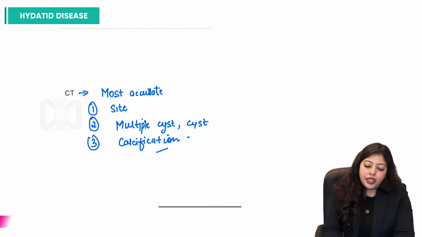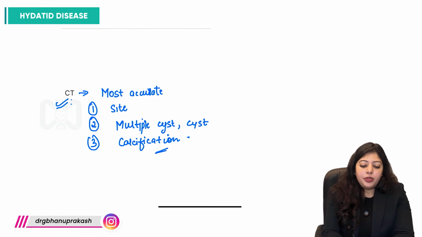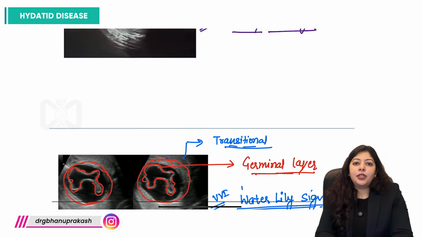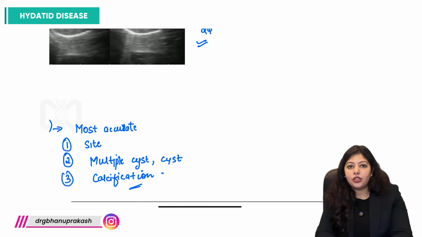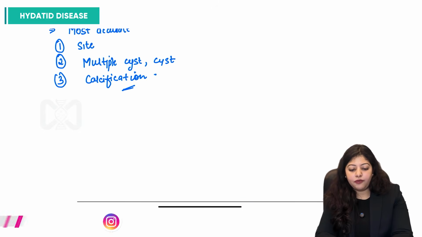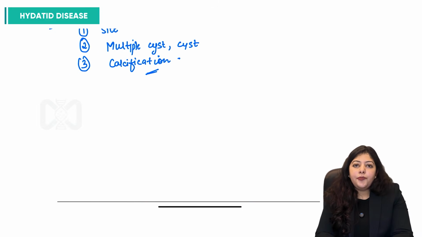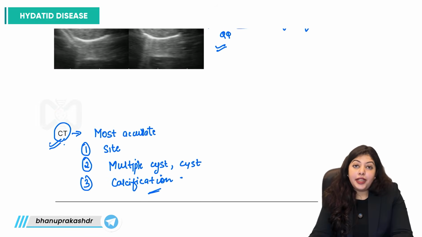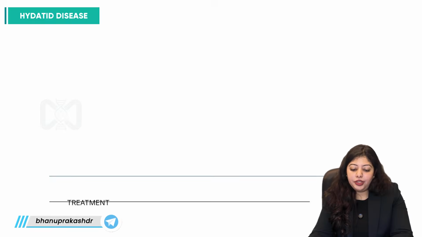So the most accurate diagnostic test is going to be CT scan, but mostly ultrasound only helps us diagnose these stages, whether it is active or inactive. So these are the important imaging techniques or radiological tests done in order to detect this particular disease.